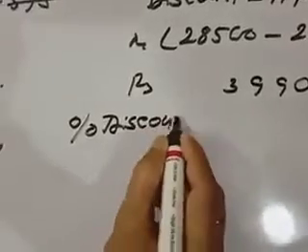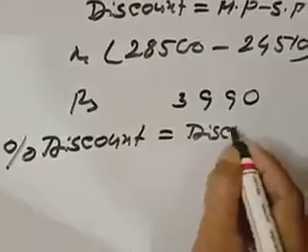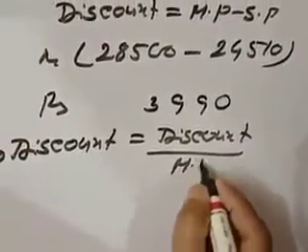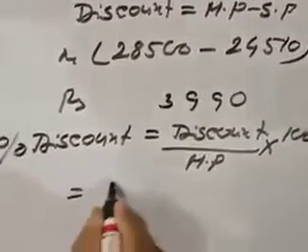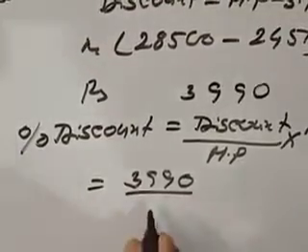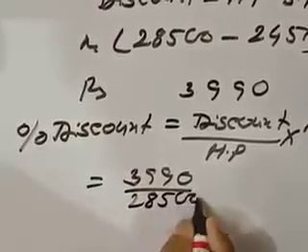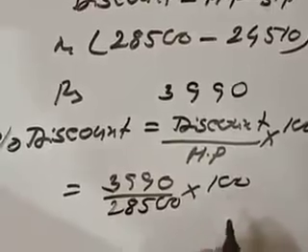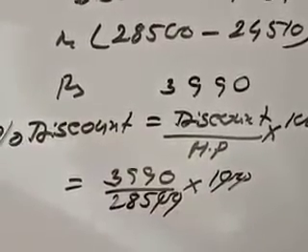Now next you have to find the percentage discount. Percentage discount is equal to discount by mark price into 100. Discount is equal to 3,990. Mark price is 28,500 into percentage, that is 100. So the zeros you cancel.